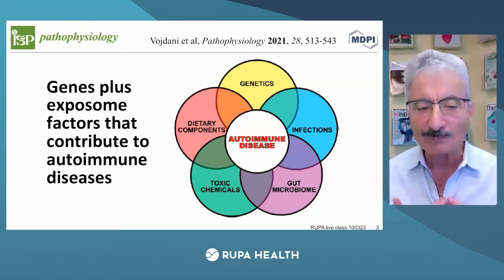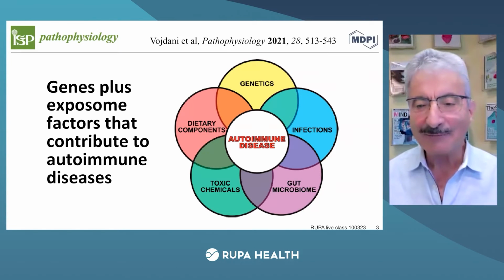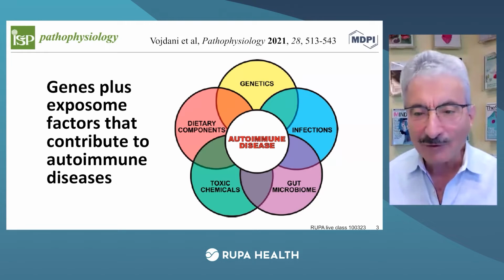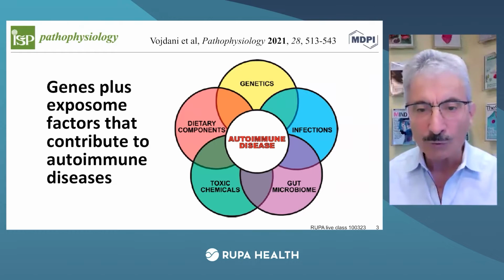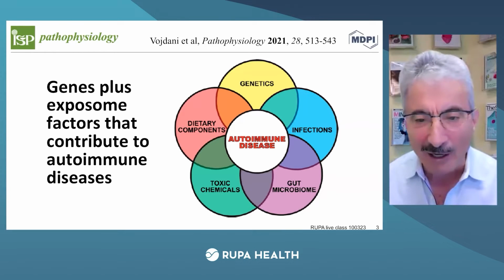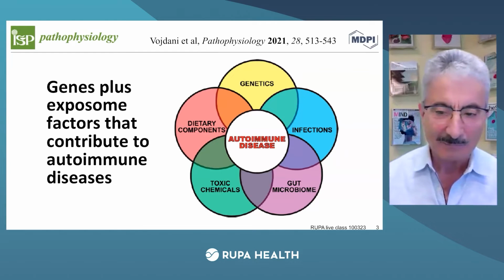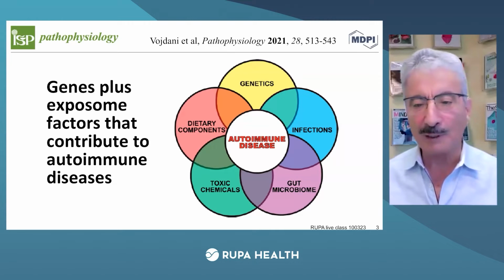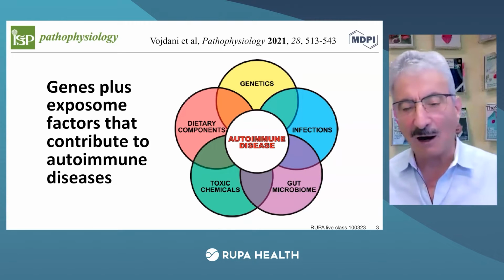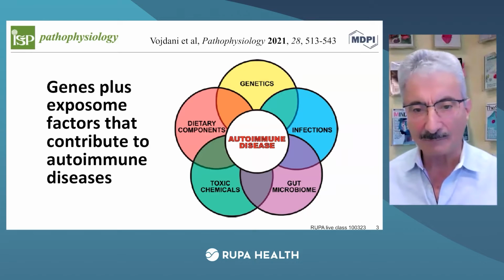So what is the exposome? The exposome is an individual's lifetime exposure to external and internal environmental factors. Let's have an example: heavy metals, aluminum, pesticide. These are external environmental factors.